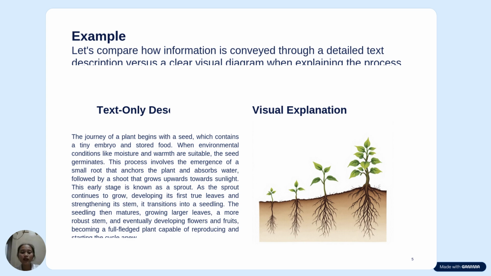Look carefully at these two examples. One is merely text, and the other is a diagram. If you only read the text, you need to imagine everything in your mind. But when we see the diagram, the information becomes organized and easy to follow.